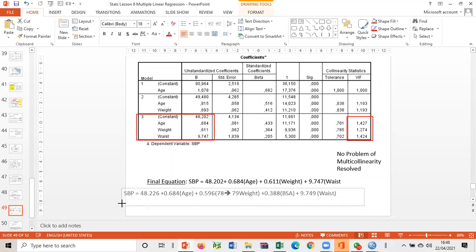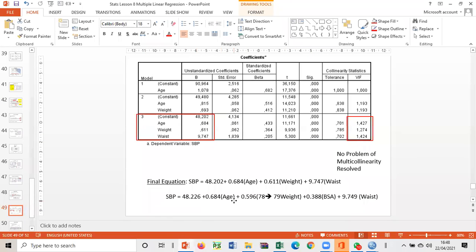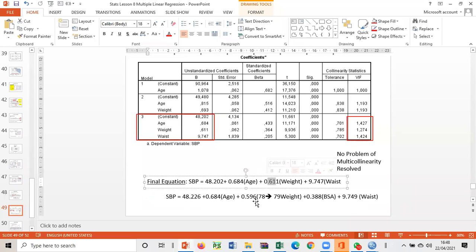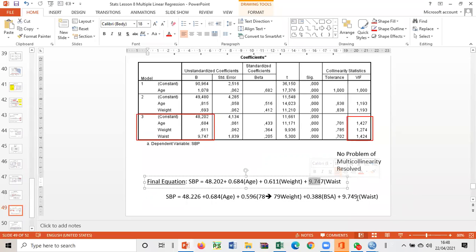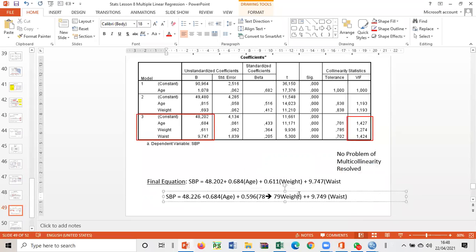Different. Right? Look at the coefficients. Right, 68.4, maybe about the same. Here 611, here's different. 974, right? Slightly they're different. So we can't simply drop BSA and say that's my equation. You must rerun. So don't do this.